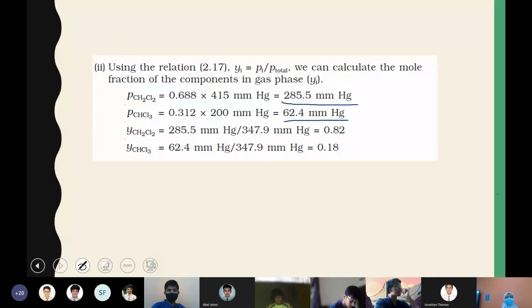For dichloromethane, the mole fraction in vapor phase is 0.82 and the mole fraction of chloroform in vapor phase is 0.18. It will be different from its mole fraction in liquid condition, I mean the dissolved state inside the solution. So the final answer is 0.82 and 0.18.